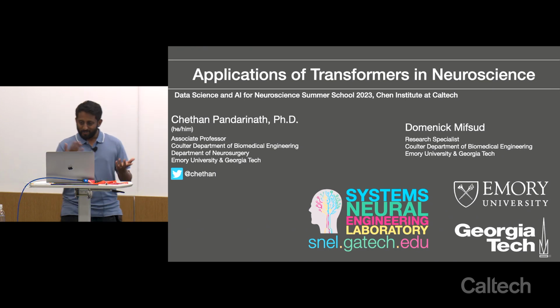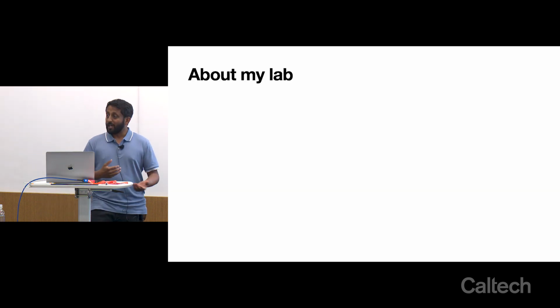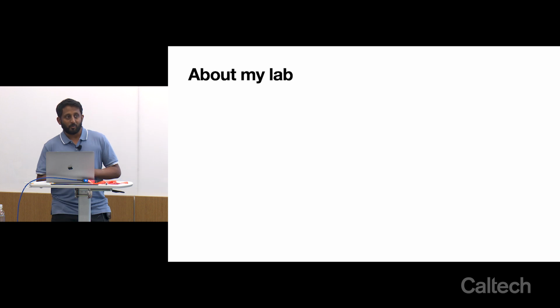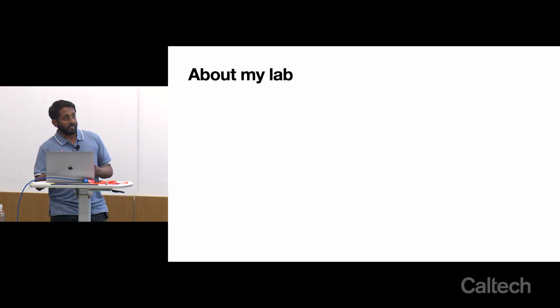I'll take a second to tell you a little about my lab and the work we do. We sit at the intersection of systems neuroscience and neural engineering, where we work on machine learning models to understand and interpret neural population activity, typically recorded via electrophysiology through multi-electrode arrays.